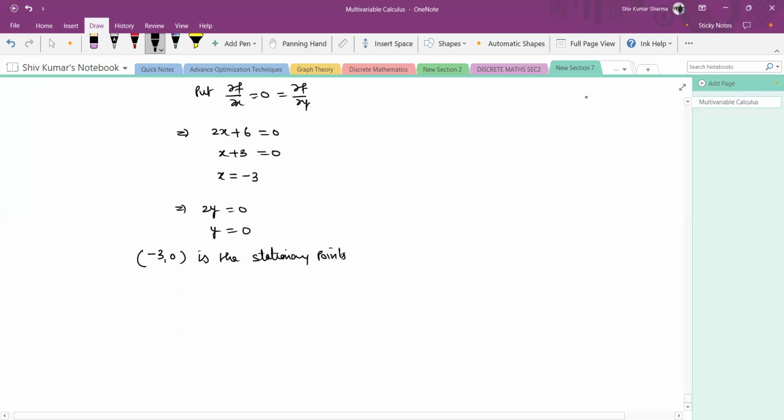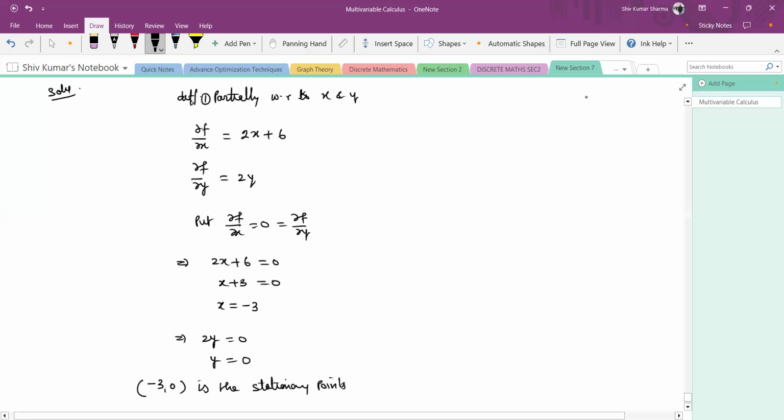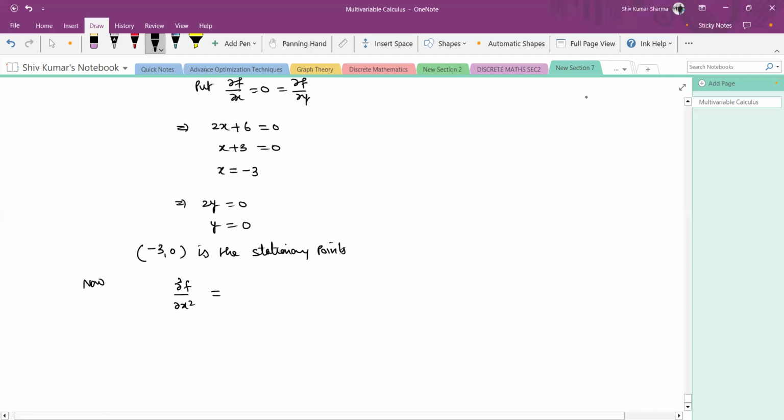Now we obtain the second derivatives. Del square f upon del x square: we have del f upon del x equal to 2x plus 6, so del square f upon del x square equals 2. 6 is a constant, and differentiation of a constant is 0.